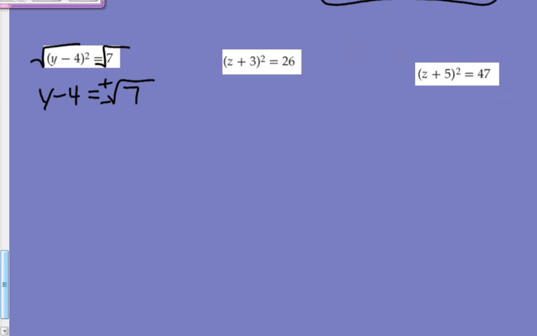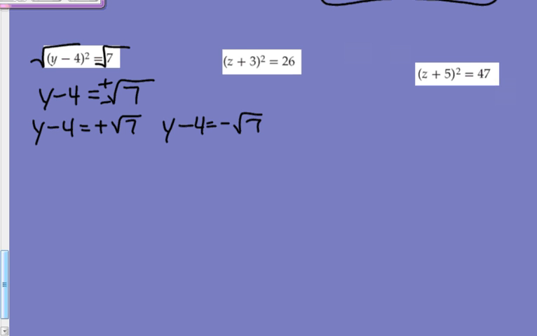But it'll be a positive or a negative square root of 7. Because it's a decimal. 7 does have a square root, but it's this long decimal. So we're going to put a positive or negative in front. Then we're going to solve it. We're going to say y minus 4 could be a positive square root of 7, or y minus 4 could be a negative square root of 7.